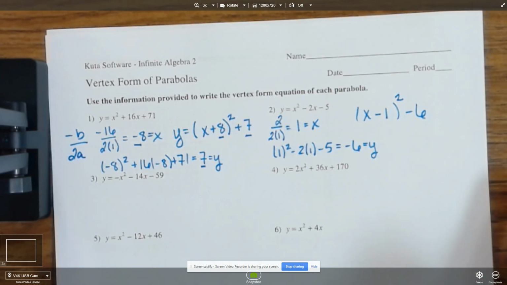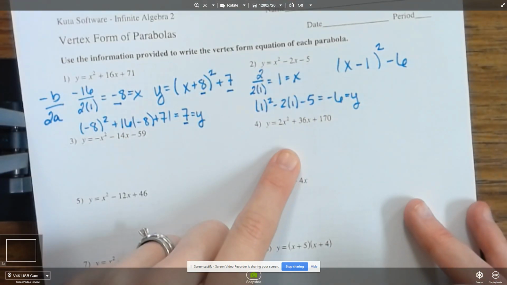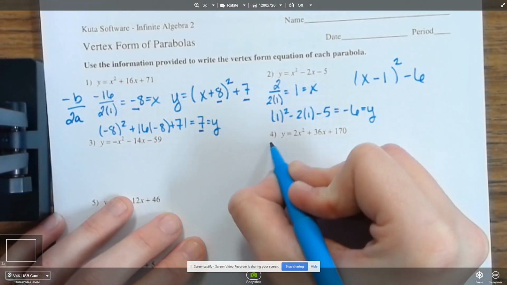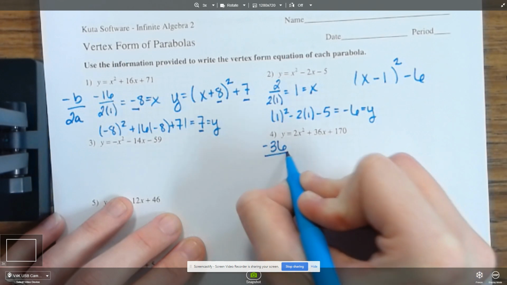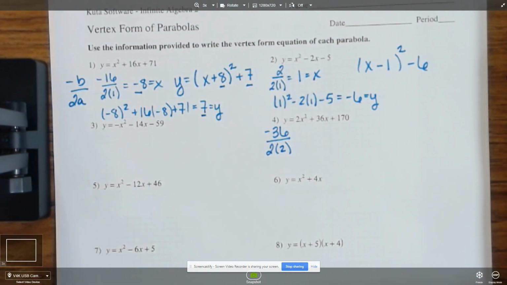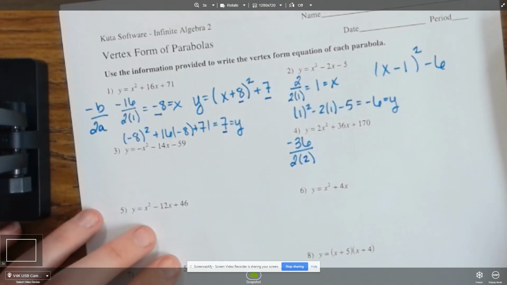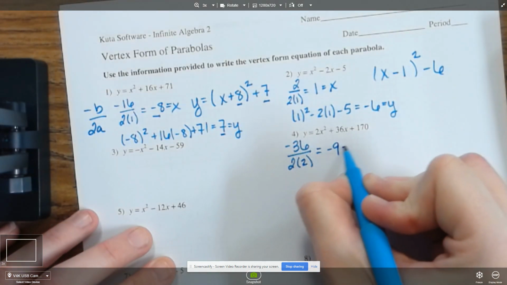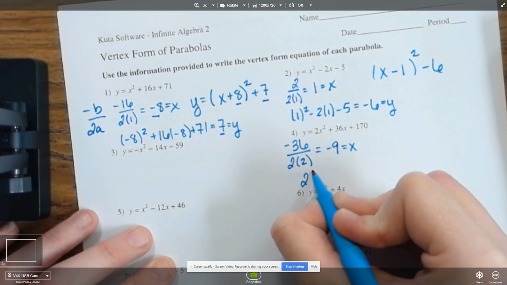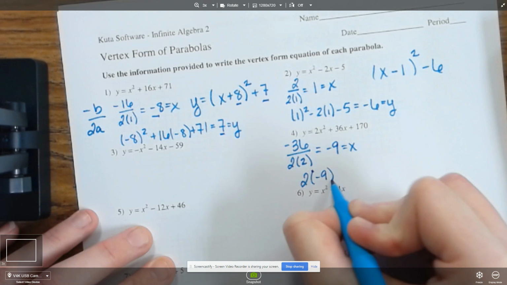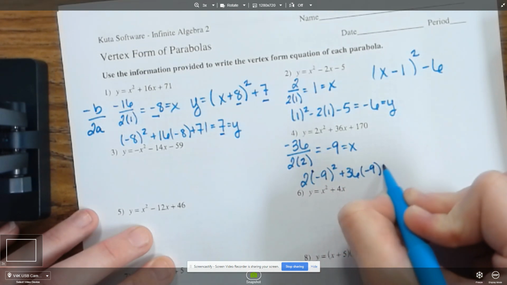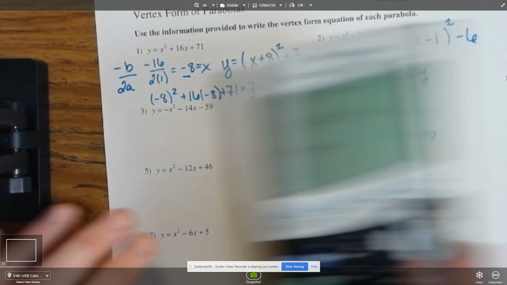All right, let's do one with a coefficient. Let's do this one here. All right, so same thing, negative b divided by 2a. So negative 36 divided by 4 would give me a negative 9. That's my x. Plug this back in up here. So 2 times negative 9 squared plus 36 times negative 9 plus 170.